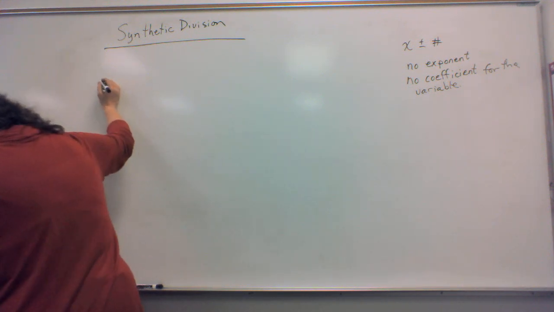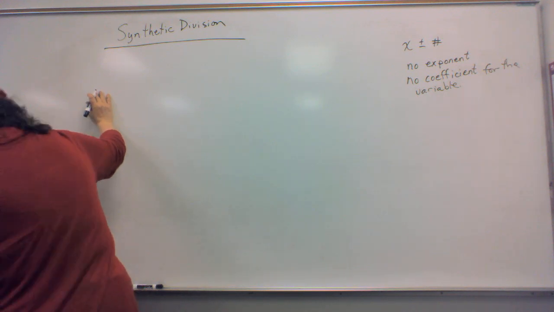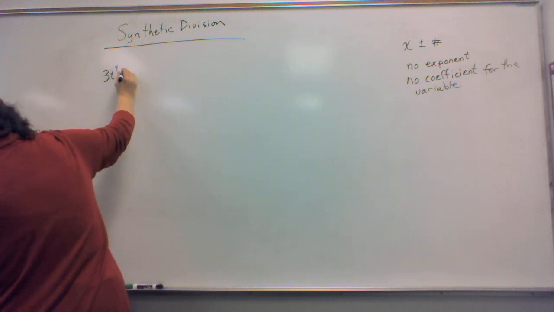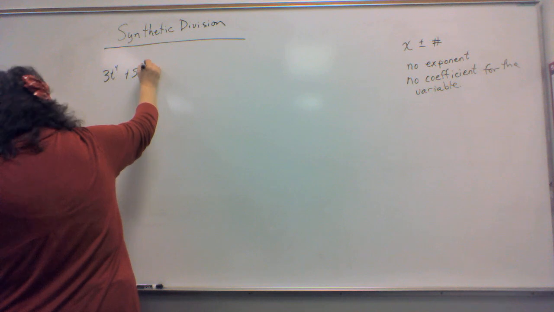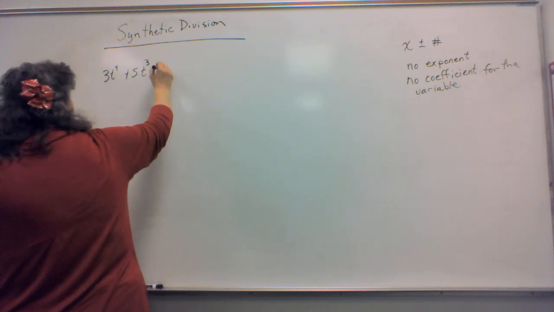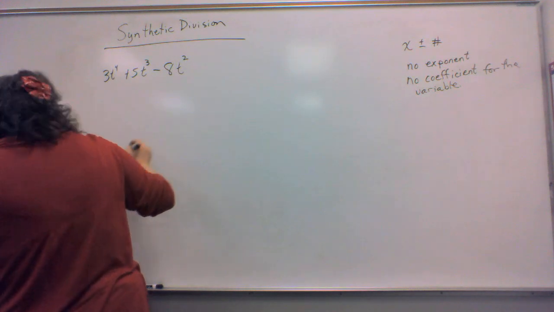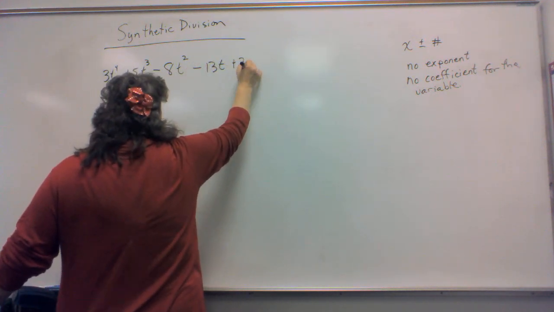How about this one? 3t to the 4th plus 5t to the 3rd minus 8t squared minus 13t plus 2.